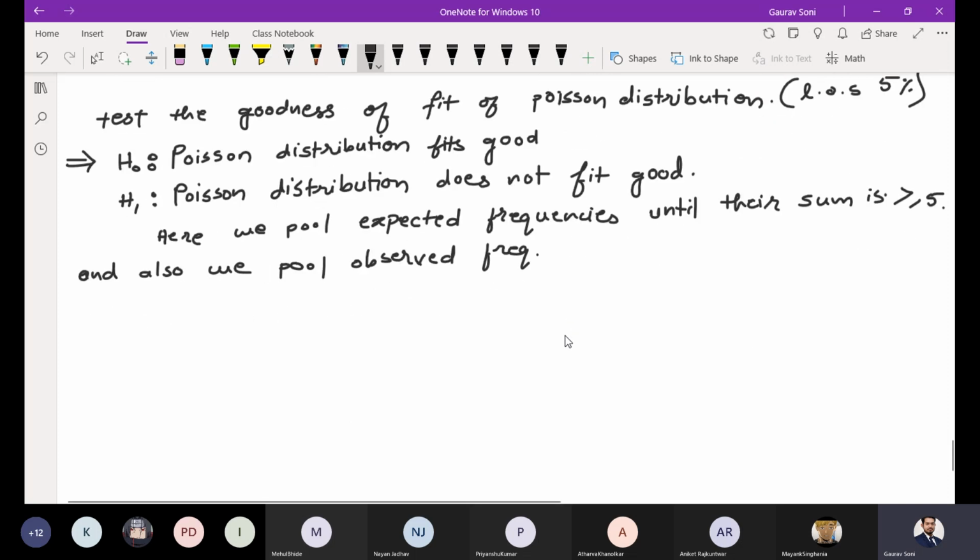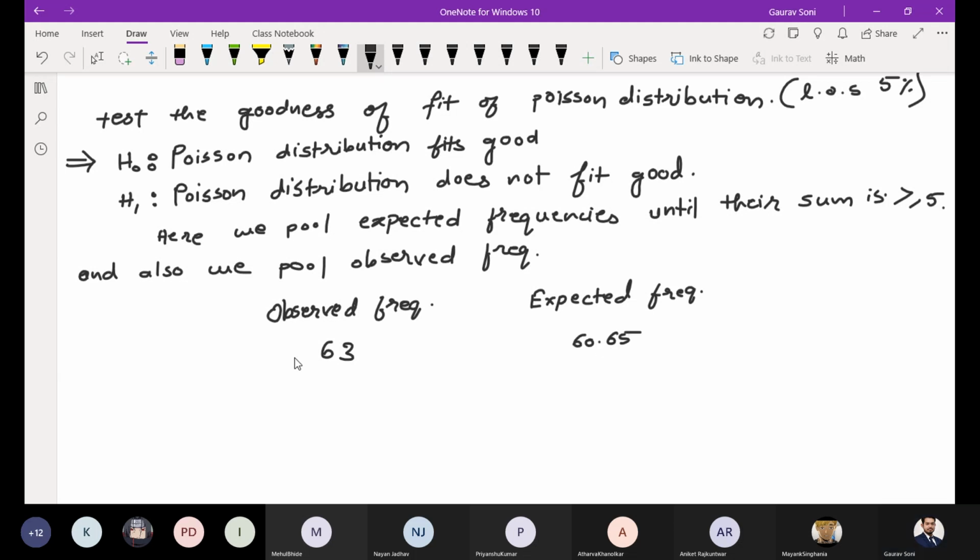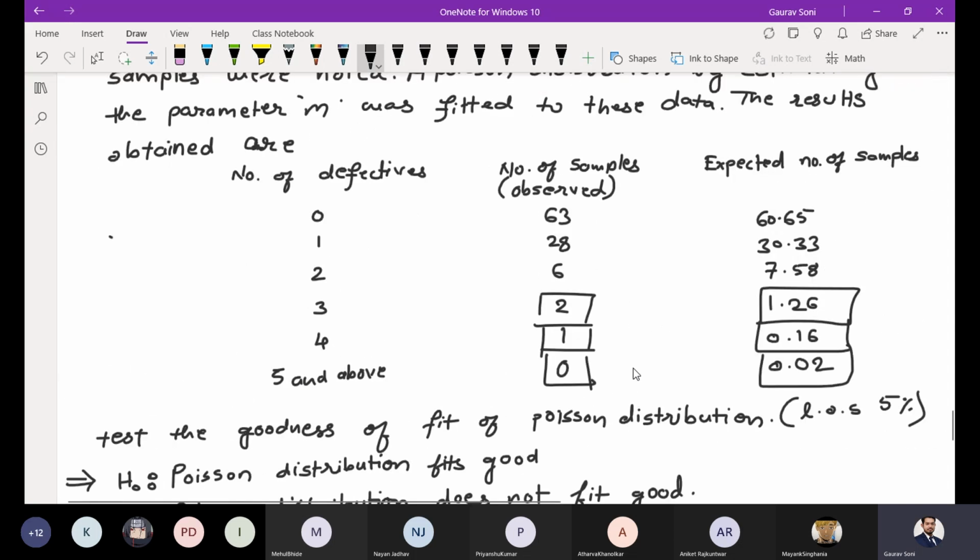So the new observed and expected frequencies: the observed frequency for the first class was 63 and expected was 60.65. The second class was 28 and expected was 30.33. Both expected frequencies are greater than 5.